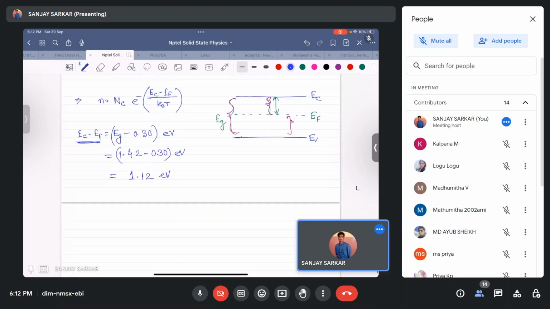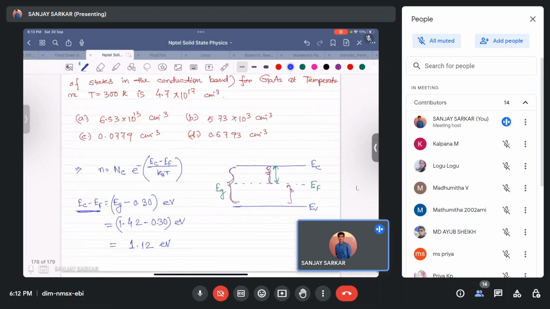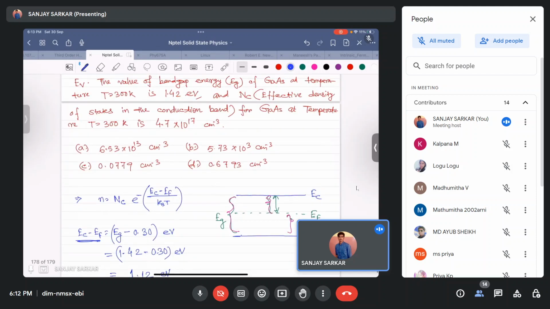Sir, option B correct? Option B. Okay, so let's calculate it. We are almost there. NC is given: NC is 4.7 into 10 to the power 17.